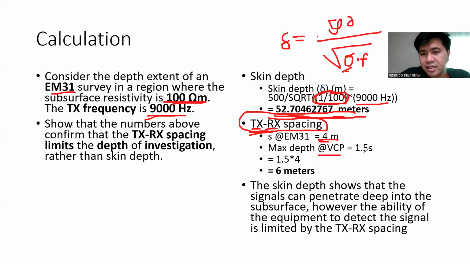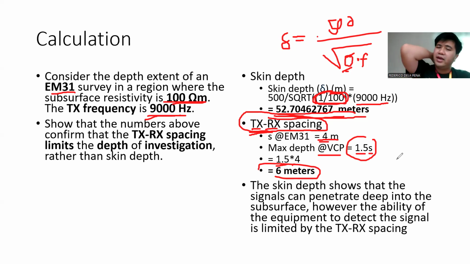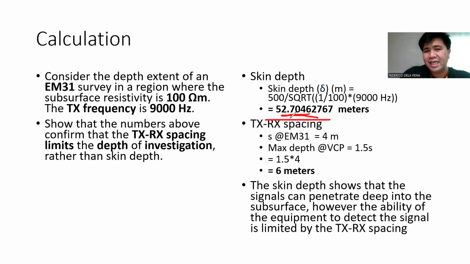So 4 meters, 1.5 times the intercoil spacing S, you get 1.5 times 4, you get only 6 meters. Right? So in this case, theoretically the signals can penetrate great depths. However, you are simply limited by the ability of your equipment to actually detect the signals from your conductive bodies.